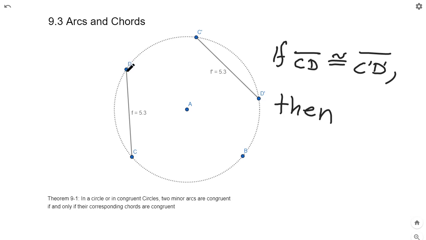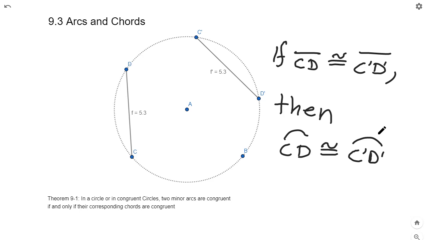The arc for CD would be arc CD. So arc CD should be congruent to arc C prime D prime. Notice that the endpoints of a chord are the endpoints of its arc.